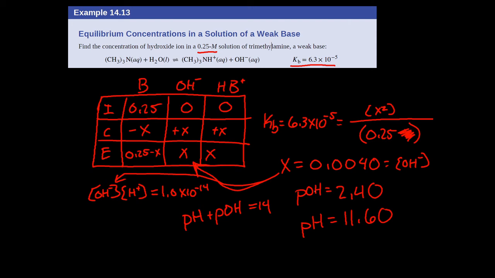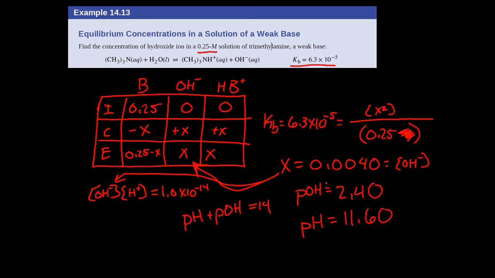Now if we got to the end here and you had forgotten that what you were finding was the pOH when you did that first calculation, you should be able to catch yourself here and say, wait a second, the pH is 2? How is the pH of a weak base solution acidic? That should be a blaring red flag saying wrong, wrong, wrong. You need to think about your answers, because that's a fairly common thing.